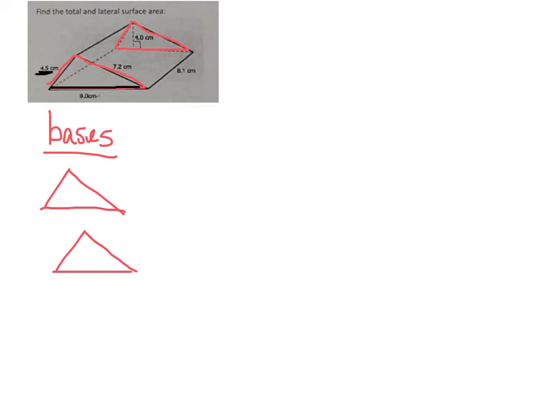That's the slant height. Here is the height of the triangle. So that would also be right here. So this is 9, and then the height is 4. So again, we have 9 by 4. So don't forget, it's base times height divided by 2. So I'm going to find the total area for the bases.